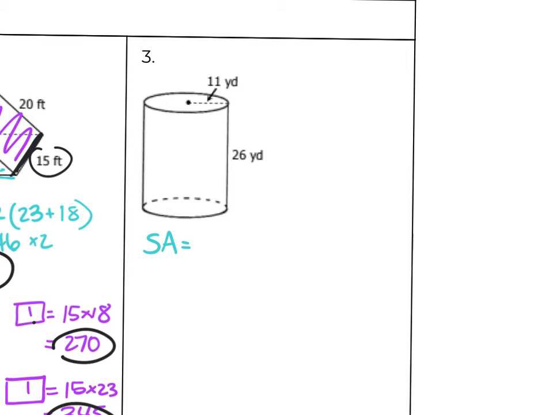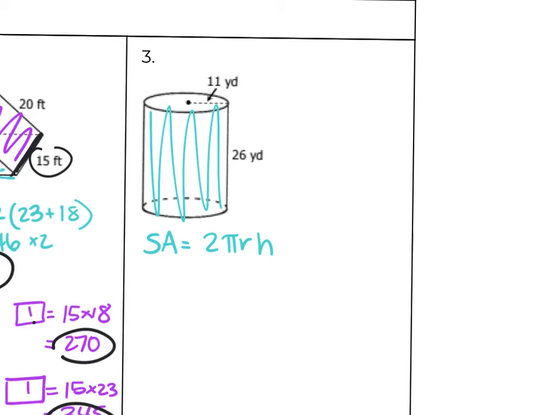so I'm going to do the area of the rectangle part, so like this, is the circumference times the height. So I'm going to write it first before I plug in, because I know this is a long one to remember, okay? So circumference is 2 pi r, and height is h.